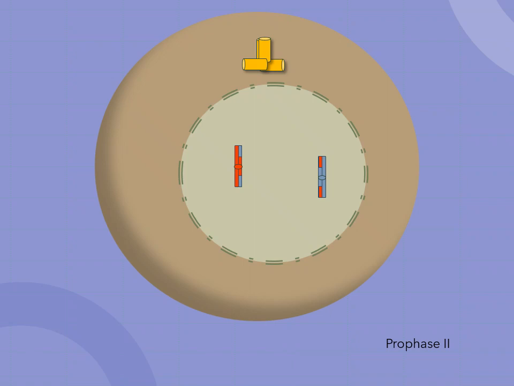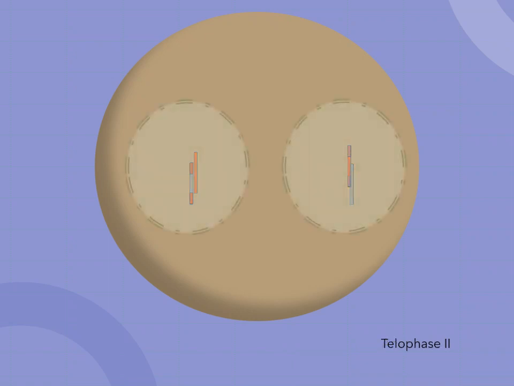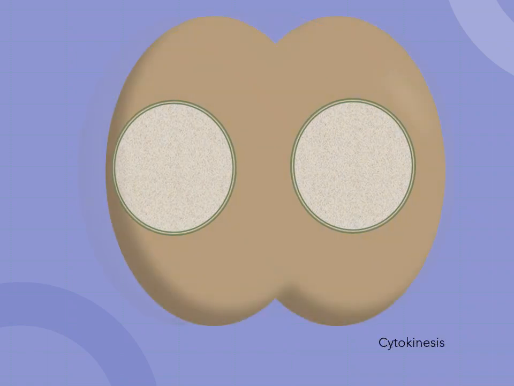As we move into metaphase 2, we'll again see the remaining chromosomes align at the equator. Anaphase 2 will see the separation of the sister chromatids, this time, again, due to shortening of the microtubules. The nuclear membrane will reform in telophase 2, and once again, the cellular contents will divide during cytokinesis.